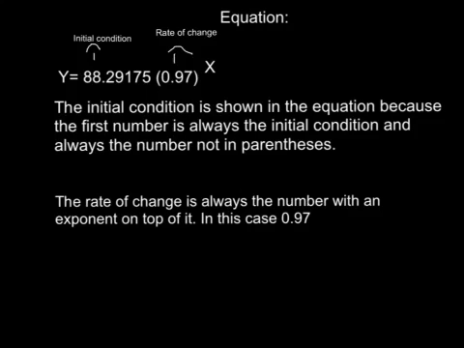The rate of change will always have an exponent on top of it to show the variable of how many minutes. We also know that the rate of change is the number in the parentheses with the exponent on top of it. And so in this case, we know that the rate of change is 0.97.